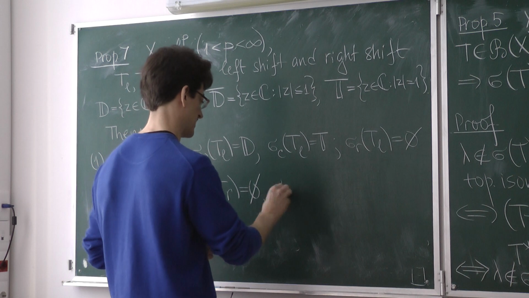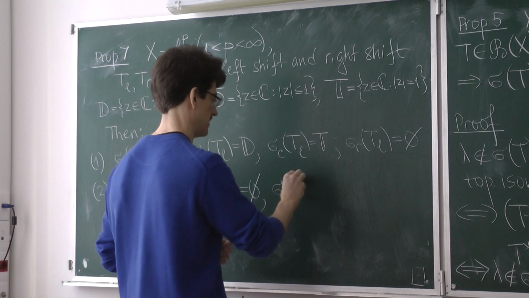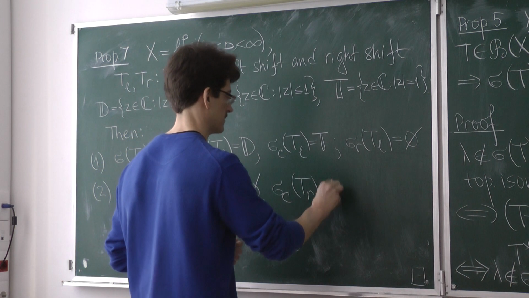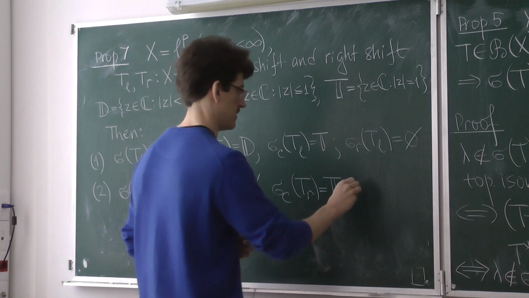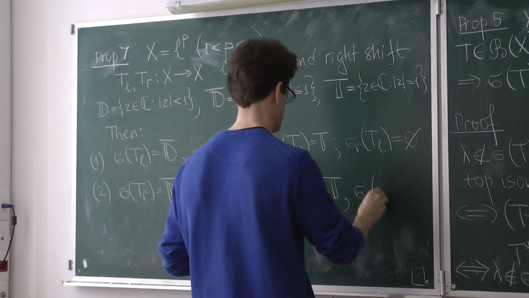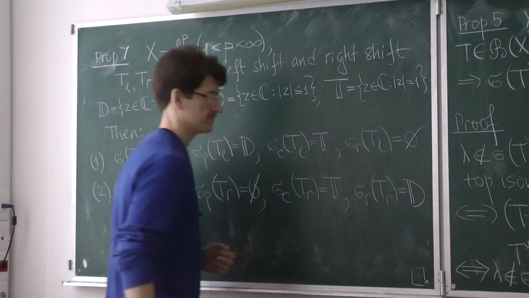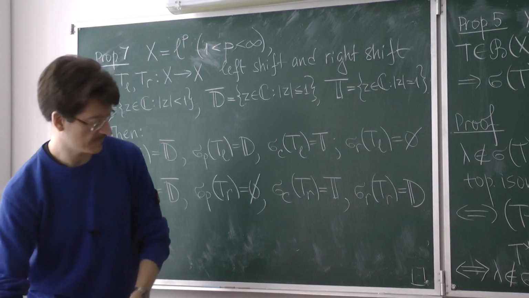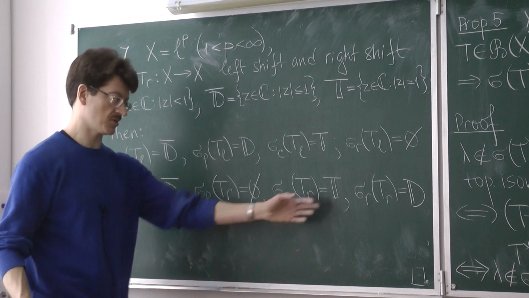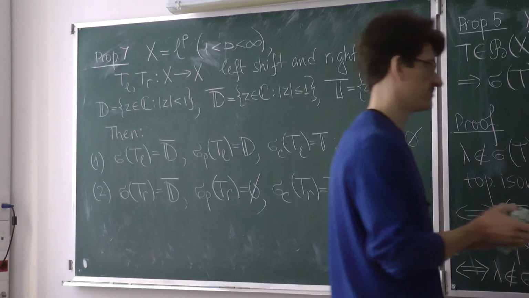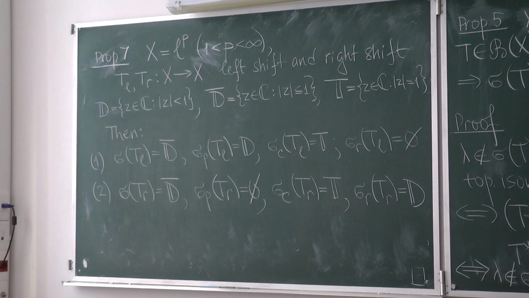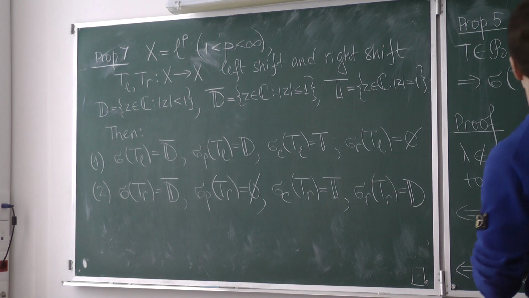The continuous spectrum of the right shift operator is the circle. And the residual spectrum of the right shift operator is the open disk. So in some sense, almost all points in the spectrum of the right shift operator are in the residual spectrum.